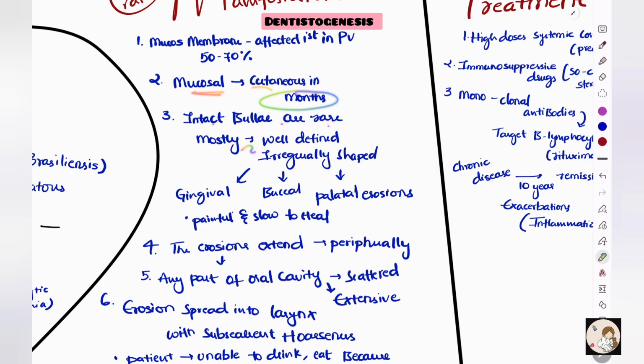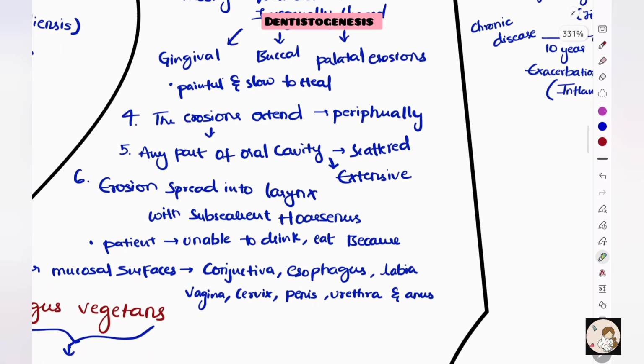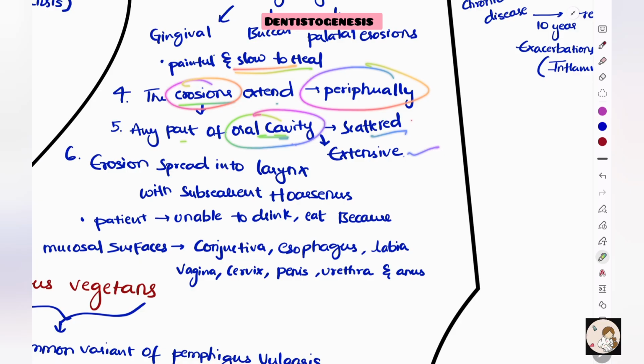Intact bulla are rare, mostly erosions are seen. Well-defined, irregularly shaped erosions could be present on the gingiva, the buccal mucosa, and the palate, which are painful and slow healing. These erosions extend peripherally, and any part of the oral cavity can be affected, scattered and extensive.